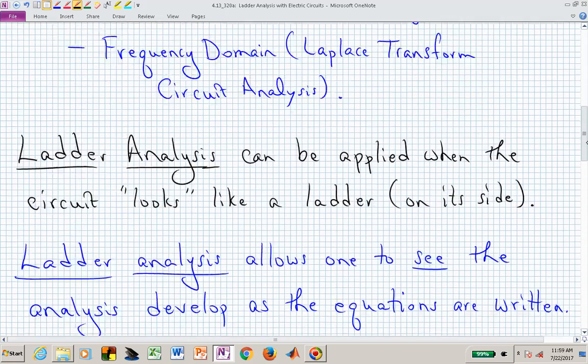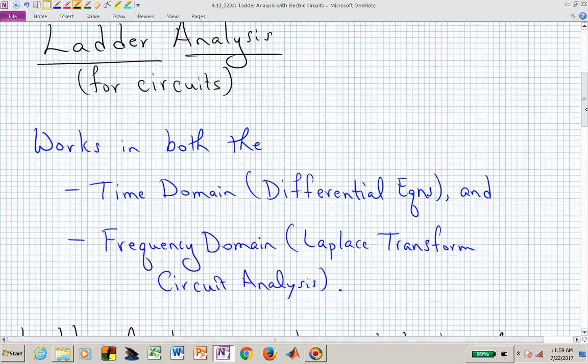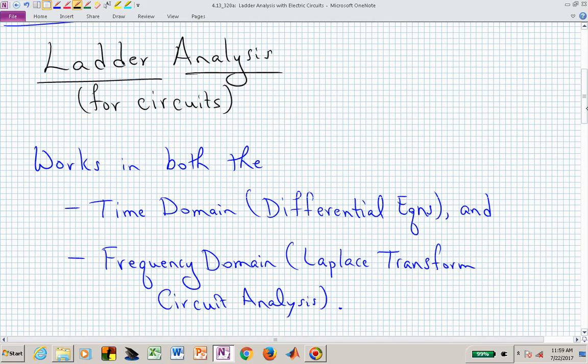And that's what we want to do here. We want to perform some ladder analysis.